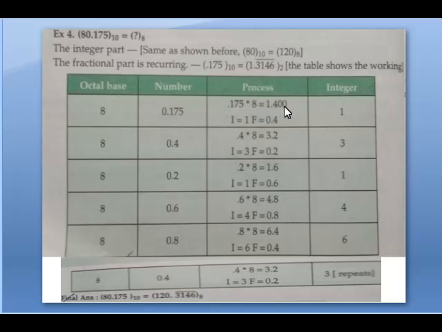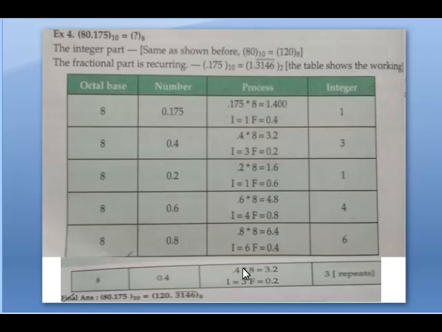The integer part is 3 and the fractional part is 0.2. 0.2 into 8 is 1.6. Integer part is 1 and the fractional part is 0.6. 0.6 into 8, the integer part is 4 and fractional part is 0.8. 0.8 into 8, the integer part is 6 and the fractional part is 0.4. Again, see here it is repeating, 0.4, 0.4. So here we have to stop it.